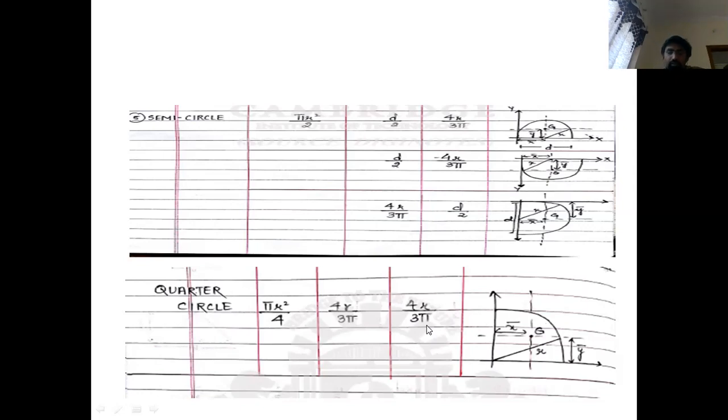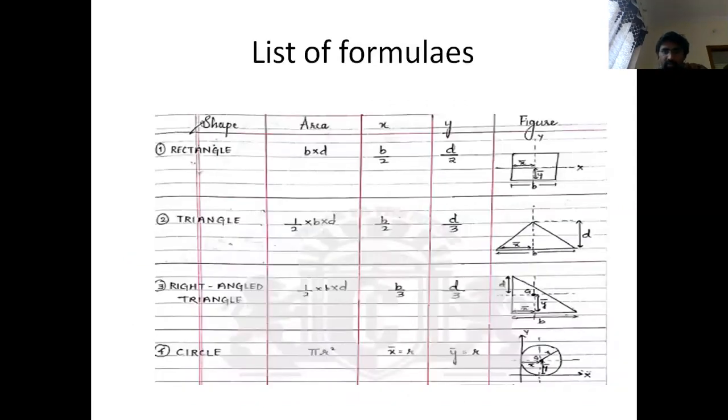So here you're supposed to keep one thing in mind. Depending upon your reference axes, your CG distances will vary. But whatever we have done here, I am keeping all of these in the first quadrant. So this is my reference axis, and this is also a reference axis, and similarly this one is also a reference axis. Here I'm repeating one more time.